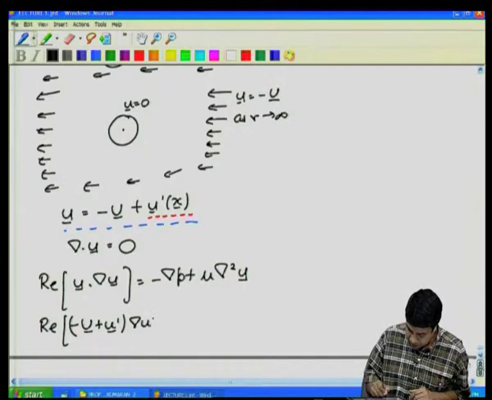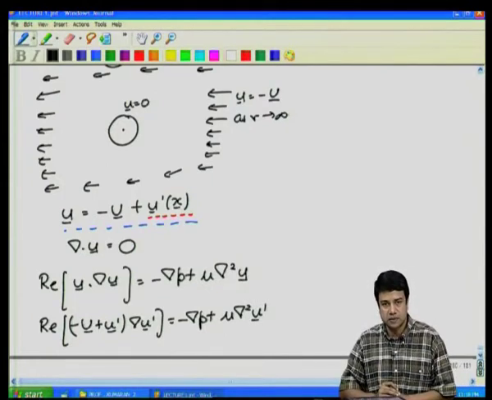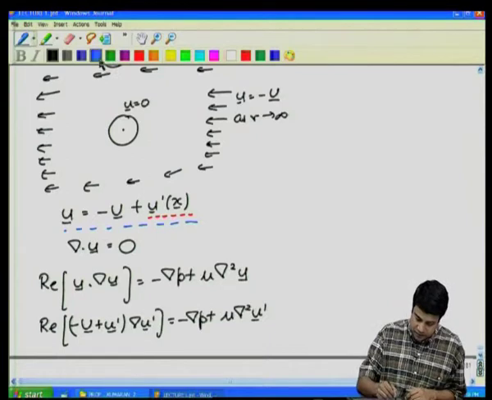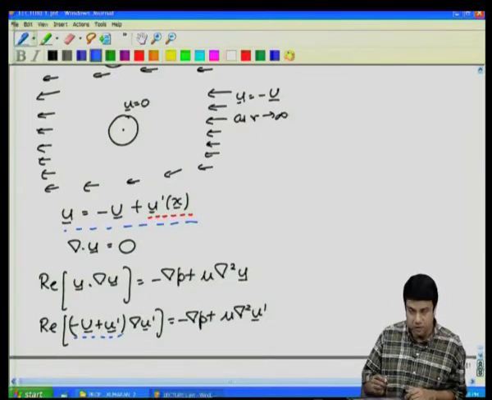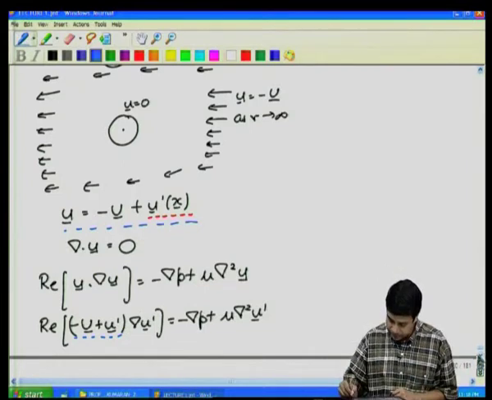Into grad u prime. So, that is the equation when expressed in terms of the velocity disturbance. Note that this convective term has both the steady velocity far away as well as the velocity disturbance.